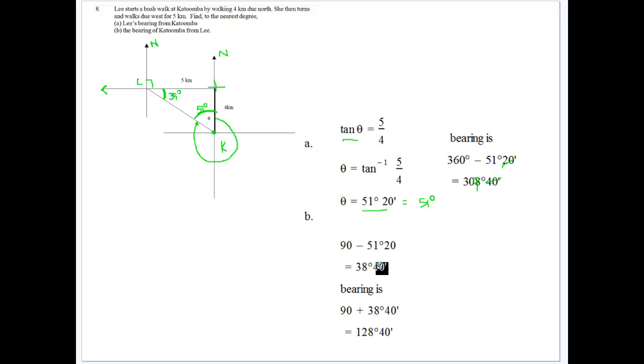So if we just said 51 degrees, 90 minus 51 would be 39, because the two have to add up to be 90, because that's a right angle there. So that's 90 degrees there. So the bearing we want is 90 degrees plus the 39 degrees, which is going to give us 129 degrees as the bearing that Lee has to look back at Katoomba.